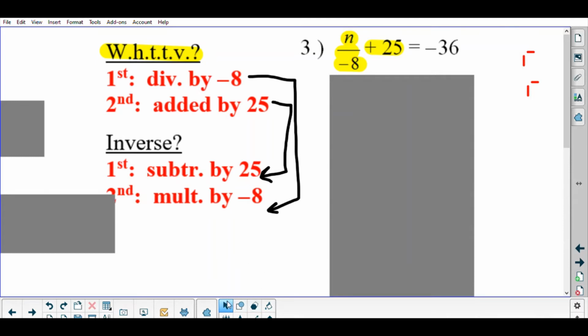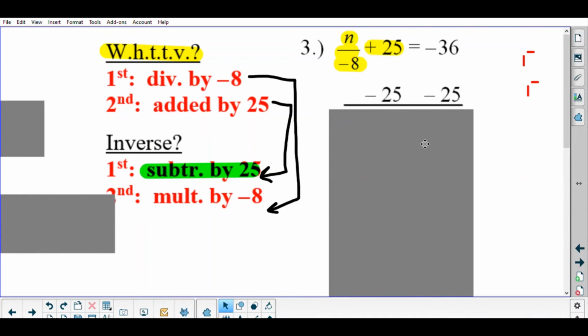All right, let's do the first inverse first, because that makes sense. So the first inverse we said was to subtract by 25. Let's now do that on both sides. Now, before we work down, can you please check your alignment?